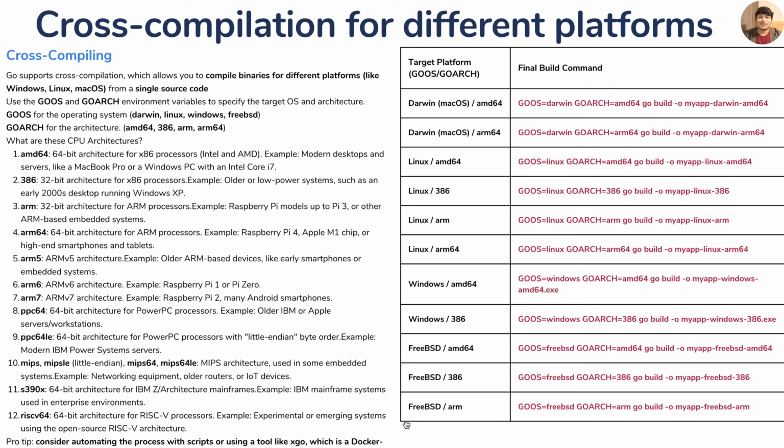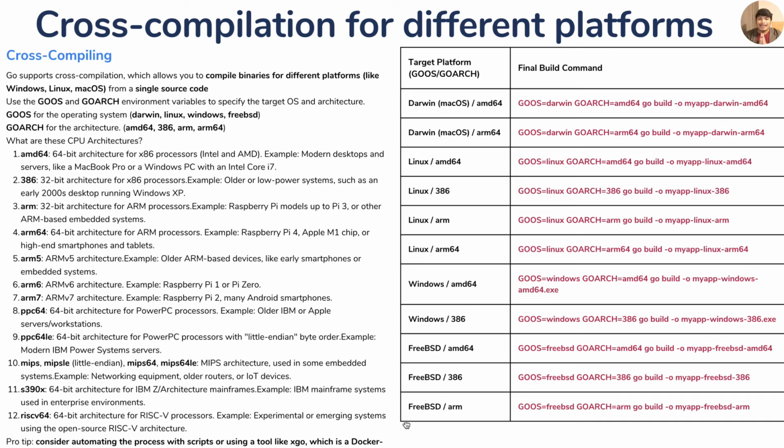Now let's learn about cross compilation for different platforms. The build that I do using go build for our source code is not going to run on Linux or on Windows. Even though the source code stays the same, we have to generate the build targeting different OS and different CPU architecture.